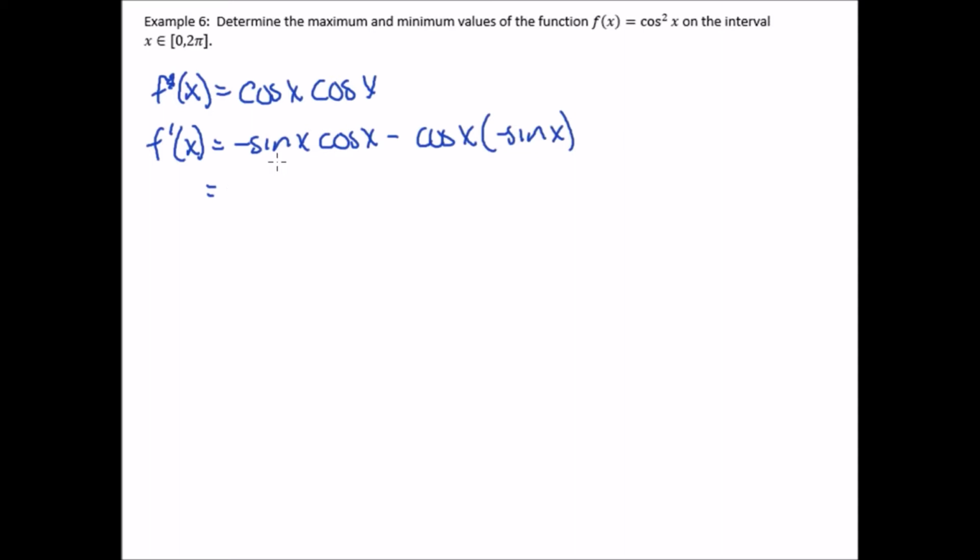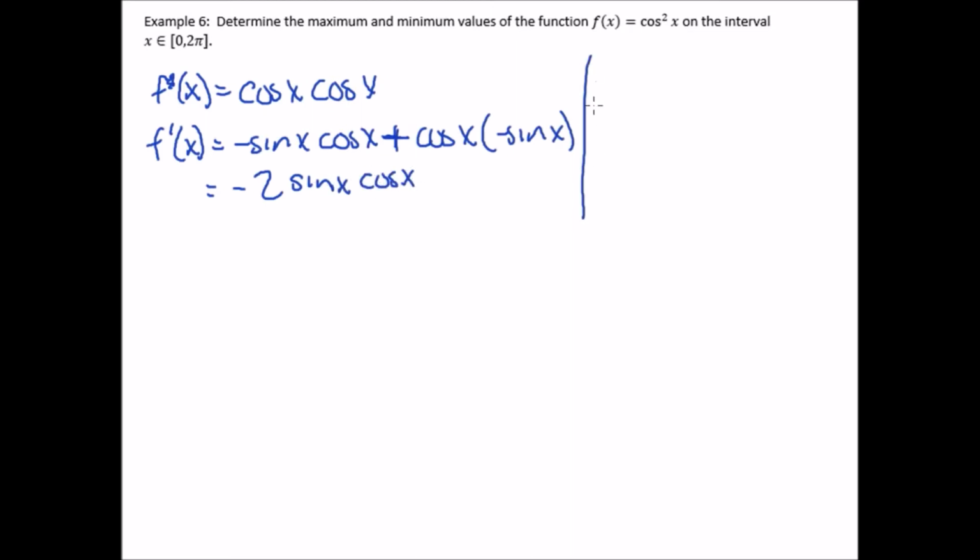So we have negative sine x cos x plus sine x cos x. Right, so this is a plus, so we get -2 sine x cos x.